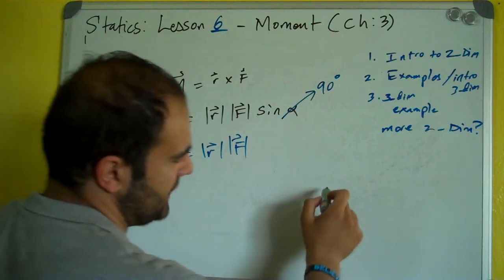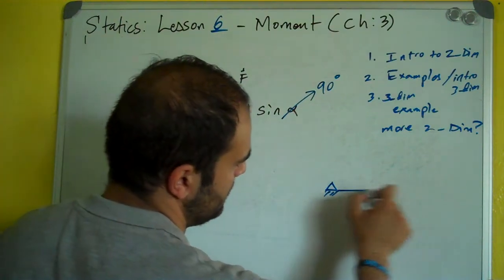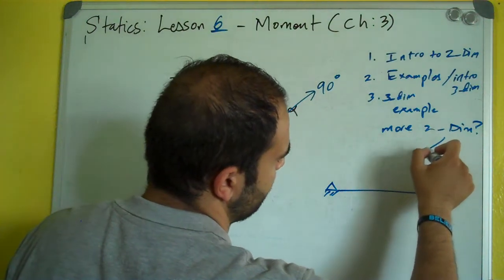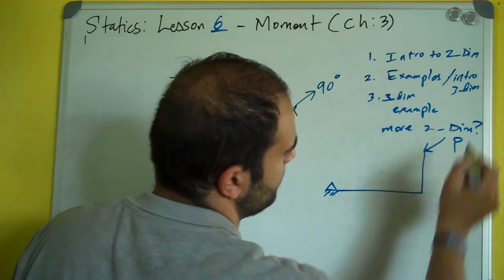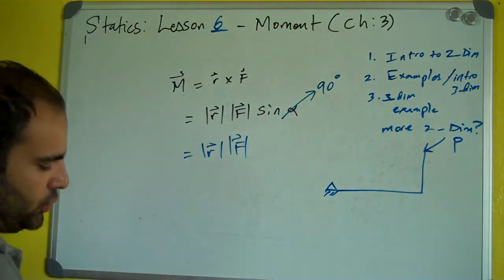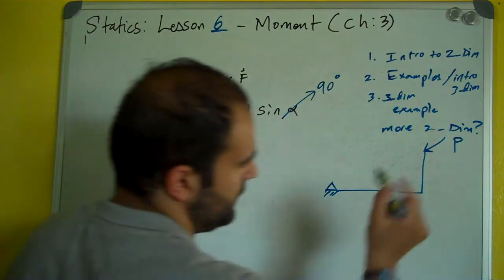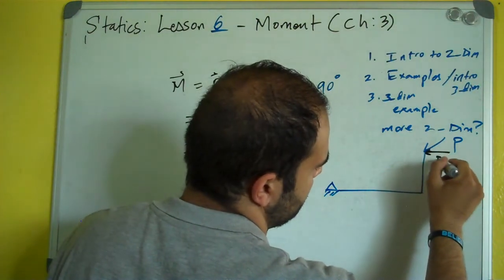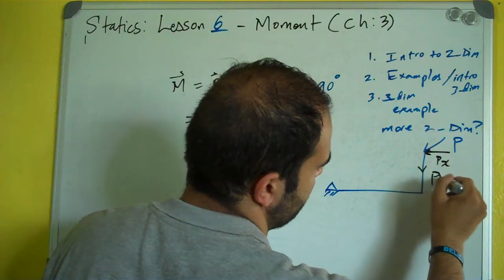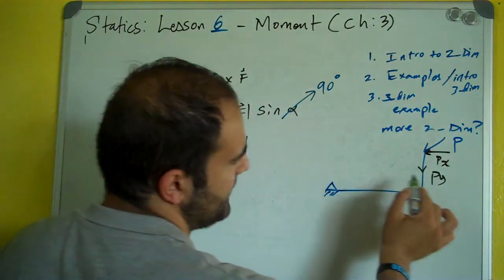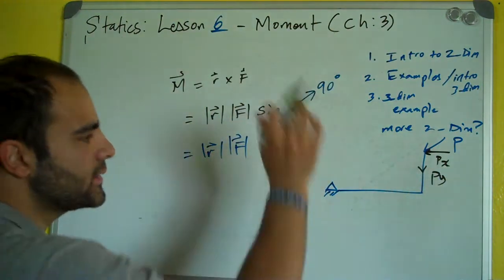So if you have something like this, just hypothetically, here's your force, P. I want you to do Px and Py, and then multiply each by the perpendicular arm.